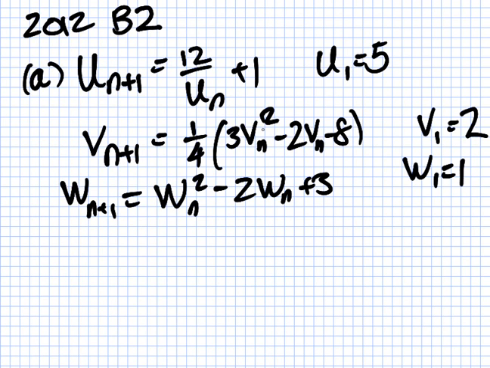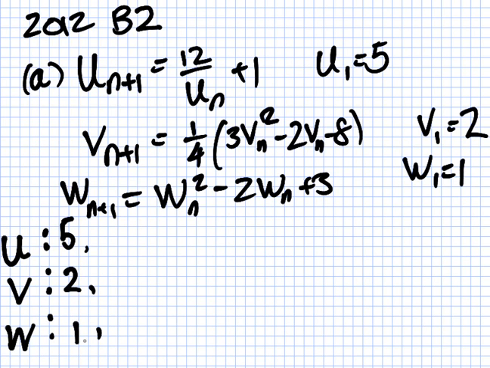So what I'm going to do is generate the first few terms in each sequence. So here is the u, the v, the w sequence. We already know the first term in each of the sequences. The u starts at 5, the v starts at 2, and the w starts at 1.